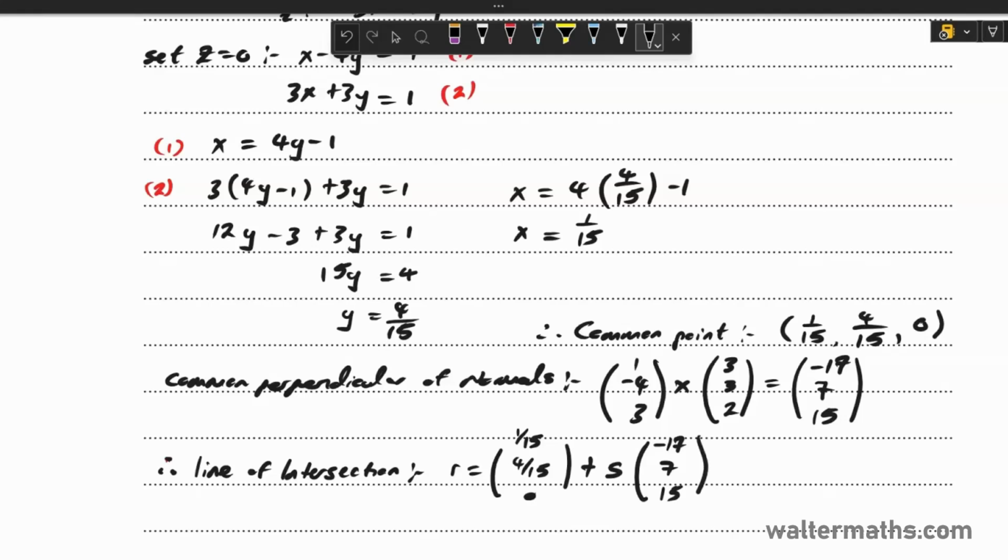So this here is the line of intersection of the two planes.